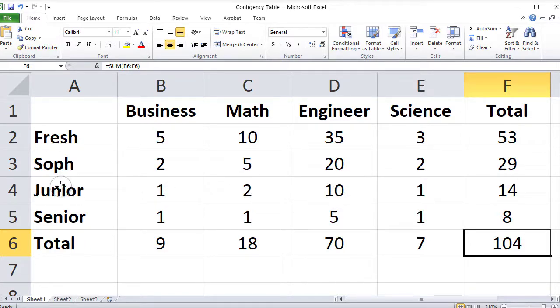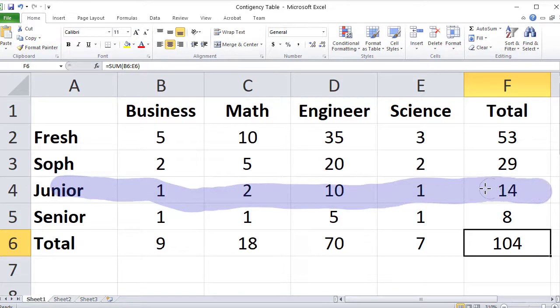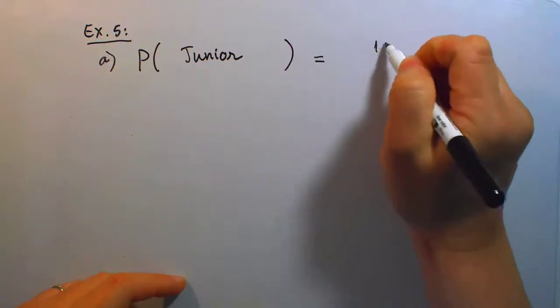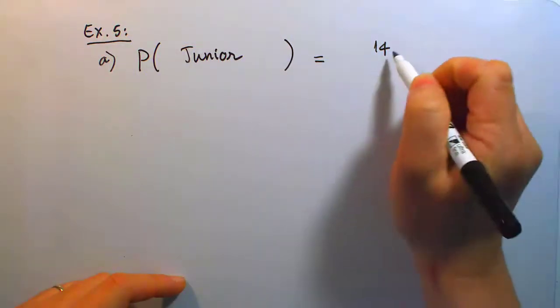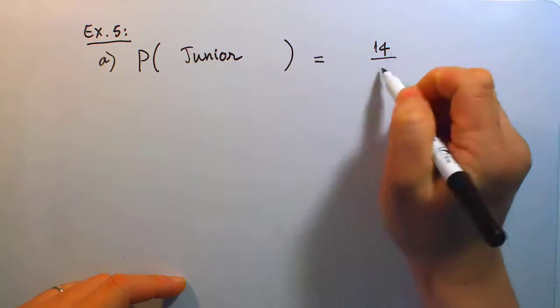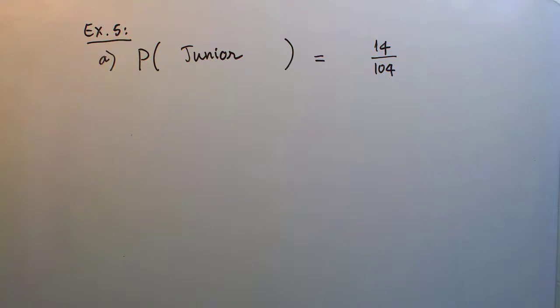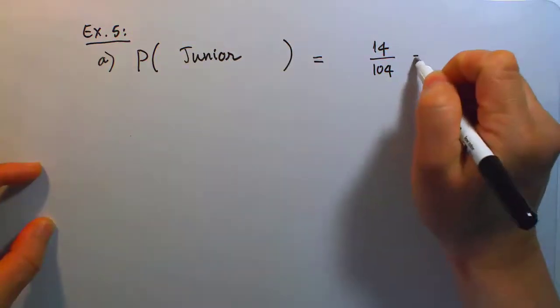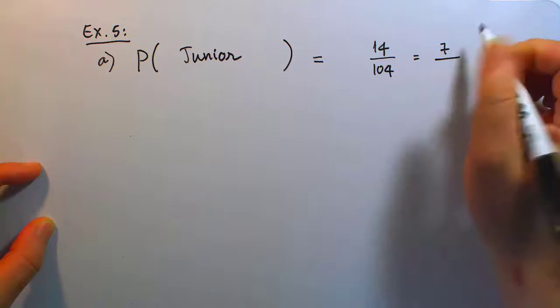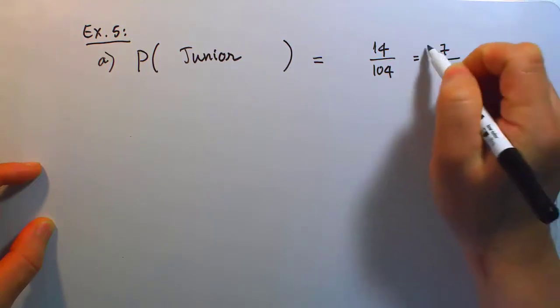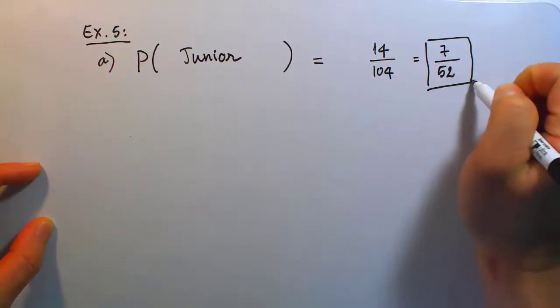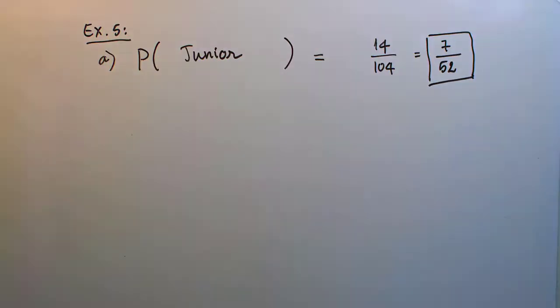The entire row, where it hits the row total right there, gives me 14 junior students, out of the whole sample space of 104, which in turn reduces down to 7 out of 52. And that's how I find the answer to my first question.